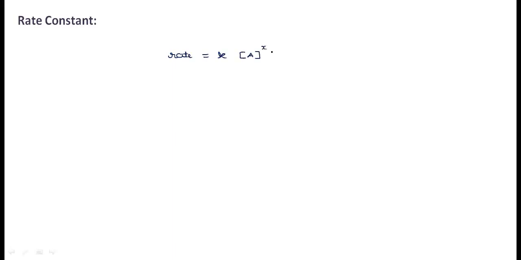We don't know the stoichiometric powers, so we assume them as x and y. x may be any number, y may be any number. Under these conditions, assume the concentrations of reactant A and reactant B are both unity. Unity refers to a concentration of 1 mole per liter.